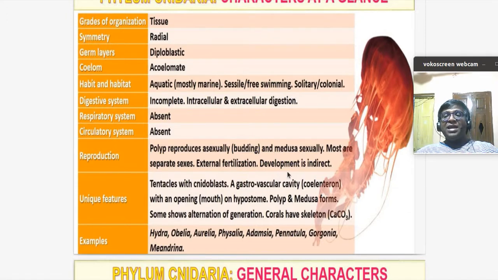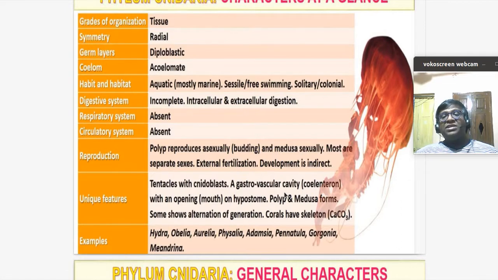Since they have a larval stage, development is indirect. So the unique characters of coelenterata are that they have tentacles with cnidoblasts, which we also call stinging cells. They have a gastrovascular cavity called the coelenteron with an opening, that is the mouth, on a protruded structure called the hypostome. So they have polyp and medusa forms. Some of them show alternation of generation.